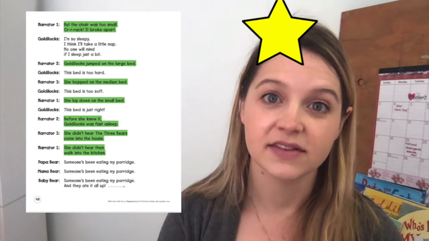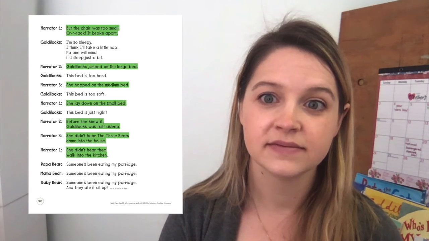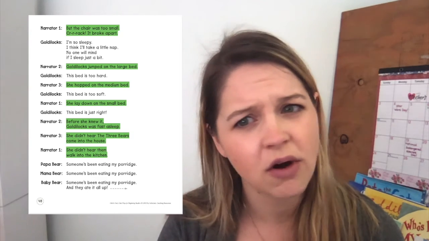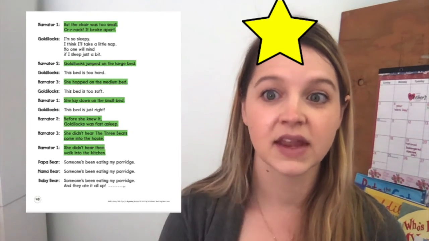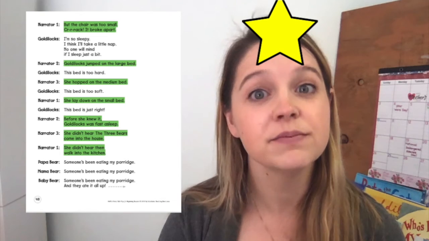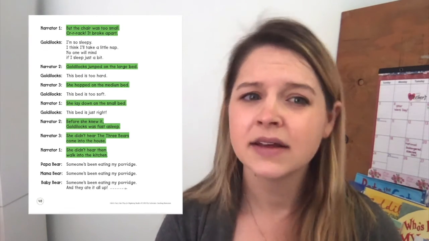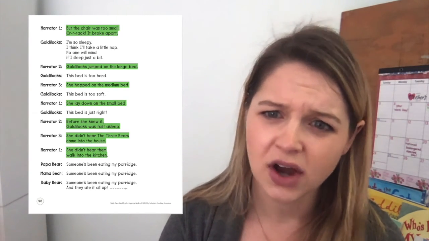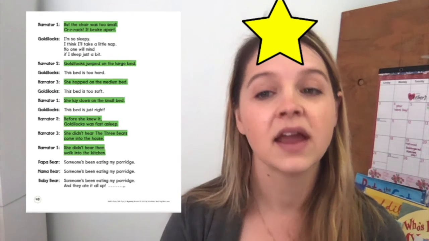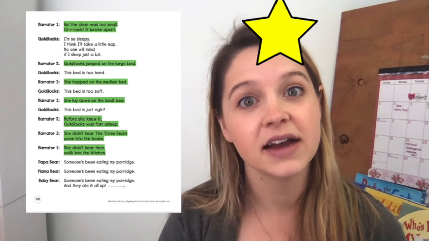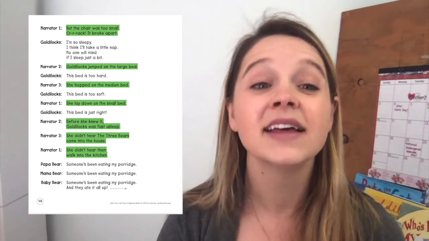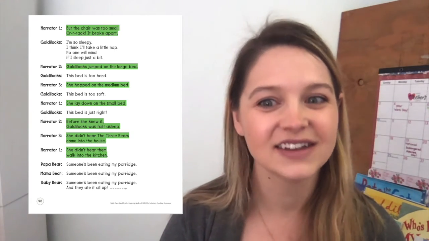Goldilocks jumped on the large bed. This bed is too hard. She hopped on the medium bed. This bed is too soft. She lay down on the small bed. This bed is just right.